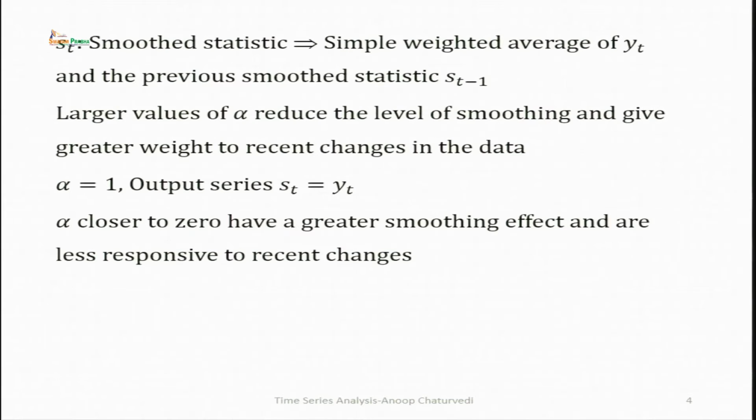But the smoothed series are less responsive to recent changes. The role of current observation y_t decreases in defining s_t.